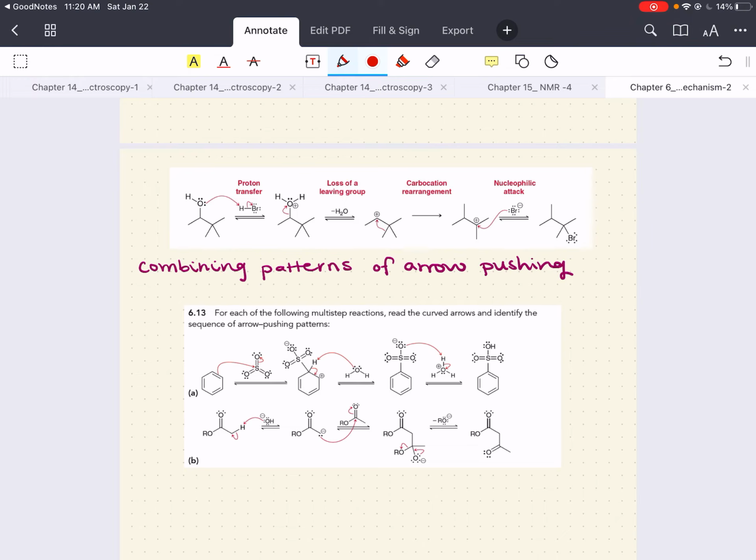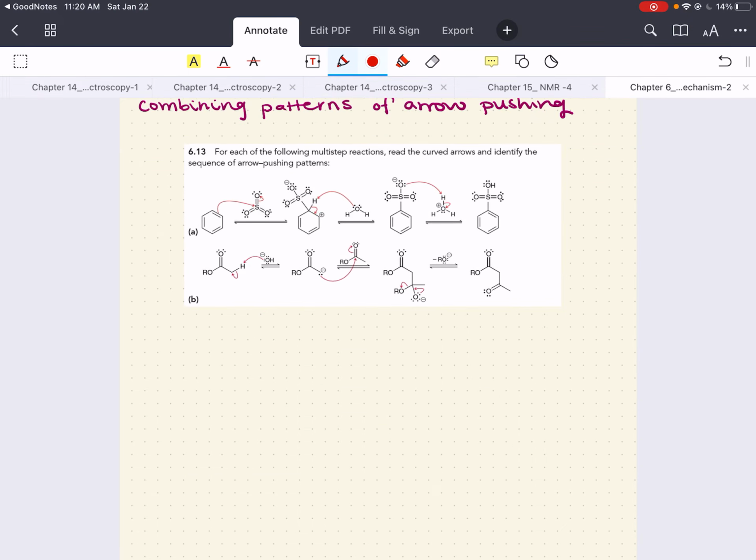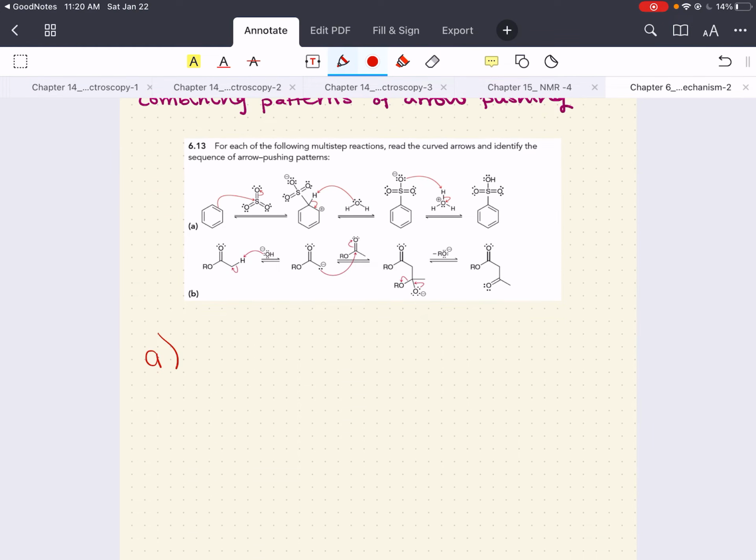Now let's look at multi-step reactions and read the curved arrows and identify the sequence of arrow pushing patterns. So we can look at A. Look at that first step. We have a pi bond attacking an electrophilic center. This is a nucleophilic attack, and it's going to be followed by a proton transfer, because this water is going to grab on to a hydrogen.